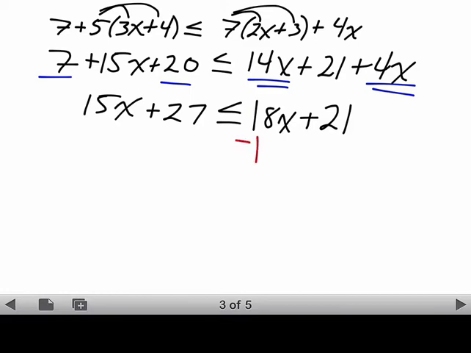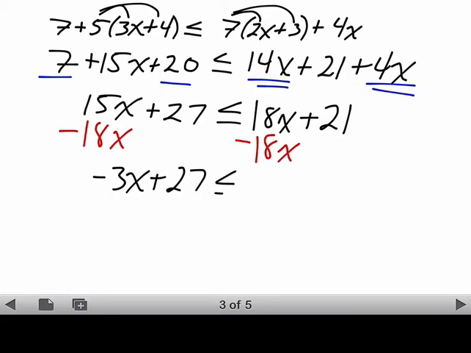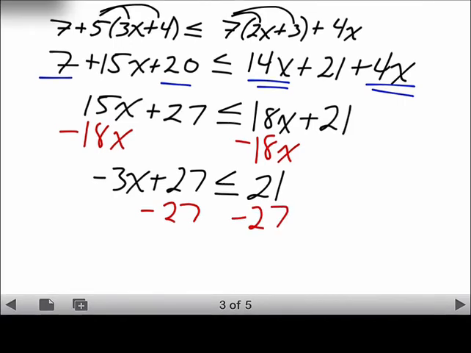Now I'm going to subtract 18x from both sides so I can keep my variable expression on the left-hand side. I have negative 3x plus 27 is less than or equal to 21. I'm going to subtract 27 from both sides to get negative 3x is less than or equal to negative 6.